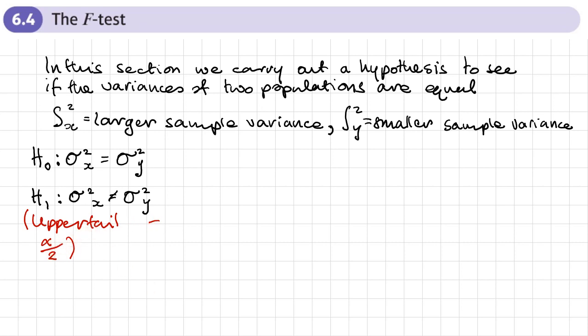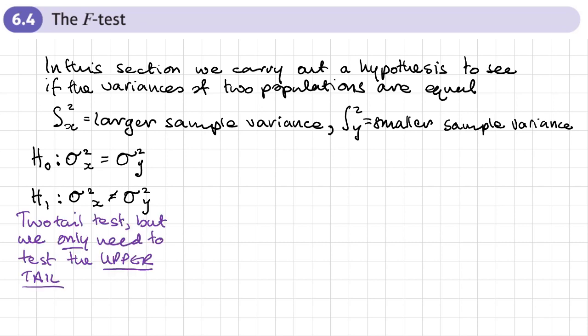It's a two-tail test, but we only need to test the upper tail. That still means that we divide the significance level by 2. So you don't need to find a lower critical value and test at that end, and you'll see why in a moment when we look at our test statistic.